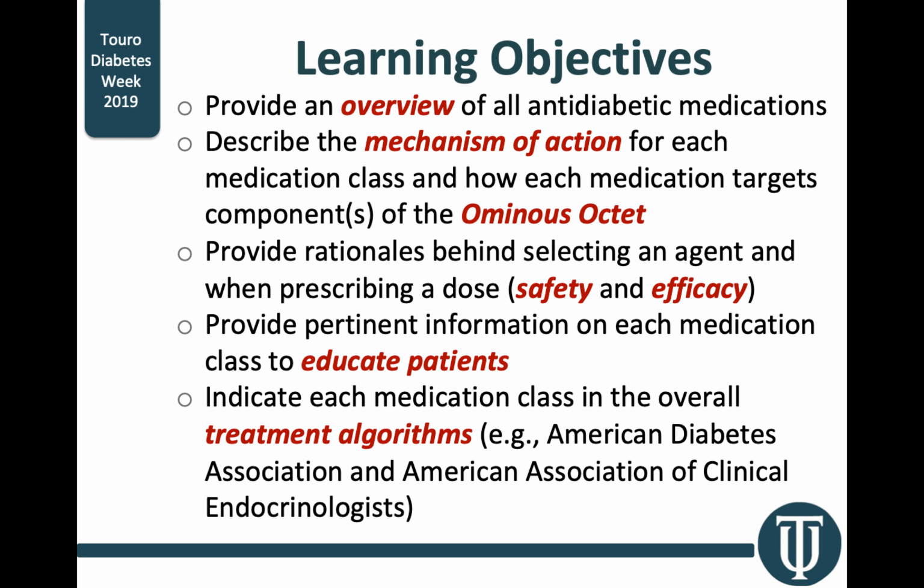Then share the important information with our patients. And also, with all these drugs, how do they fit into the treatment algorithms? There are 2 big guidelines out there that we use in diabetes. They are American Diabetes Association guidelines and also American Association of Clinical Endocrinologists.